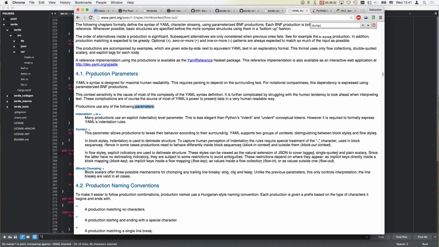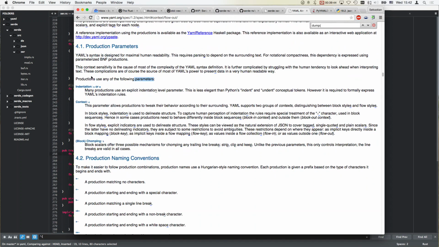Indentation, N or M. Indentation level parameter, context. This parameter allows productions to tweak their behavior according to their surrounding. YAML supports two groups of context, distinguishing between block styles and flow styles.